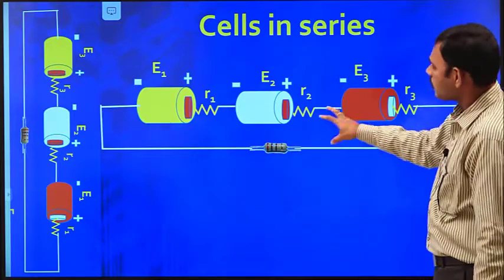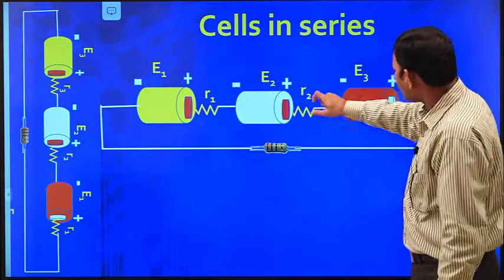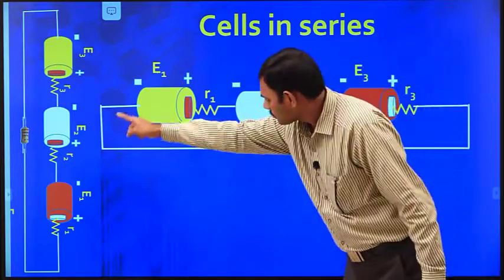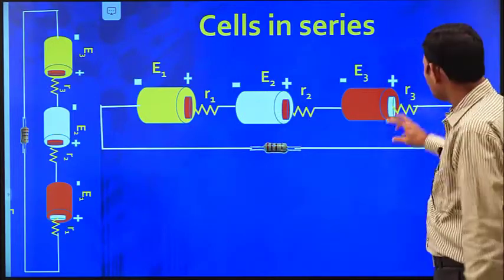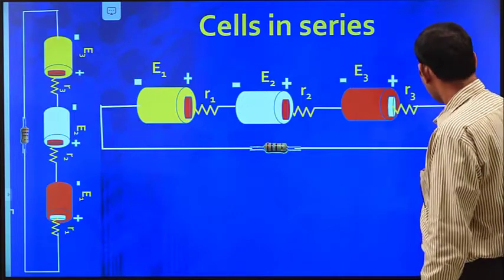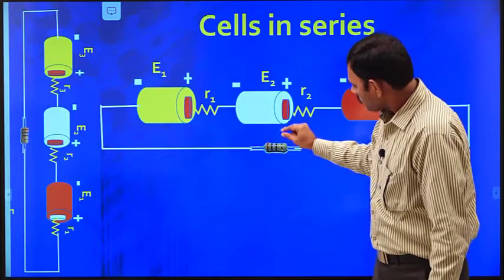This is the final connection. Then this combination of cells do work and moves the electrons in the conductor. This white line is a good conductor. There are electrons in this good conductor, and this combination of cells, that is the battery, does work and moves the electrons in the good conductor, and current is conducting through the resistor.